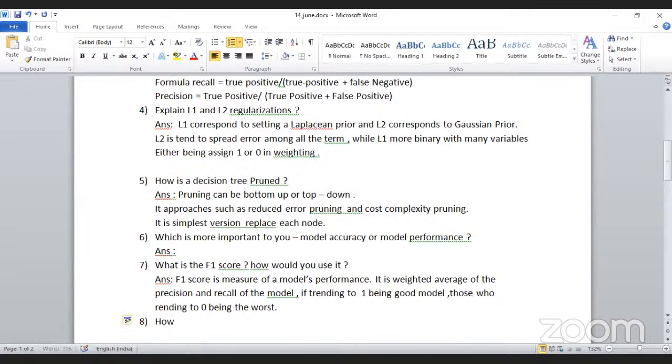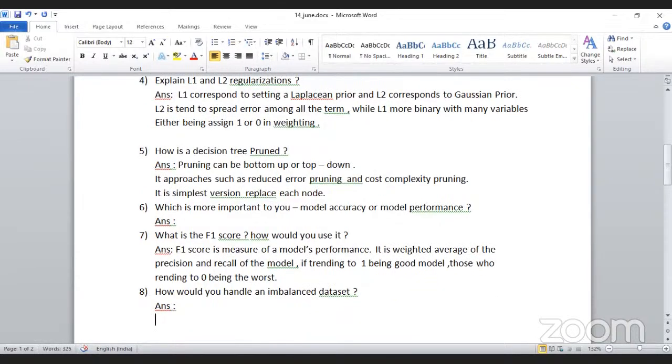Then next question is, how will you handle an imbalanced data set?